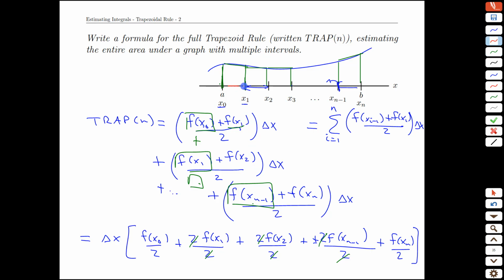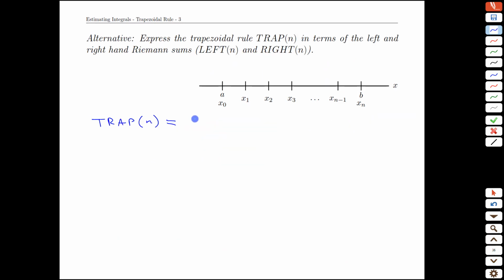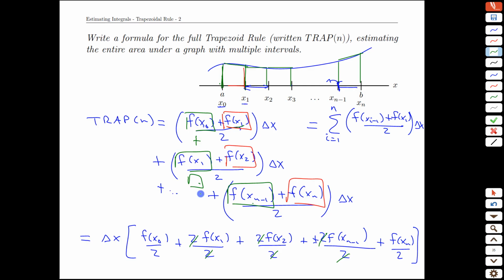And similarly, this f of x1 is the right-hand height, and the right-hand height on the second interval, and so on and so on and so on. If you notice the pattern there, what we did is we added up the left-hand estimate with all the green elements and including the delta x, that would be the height times width for the left sum.